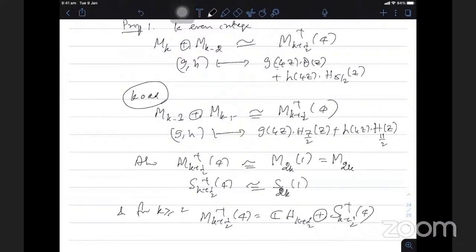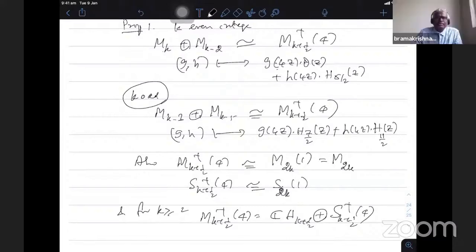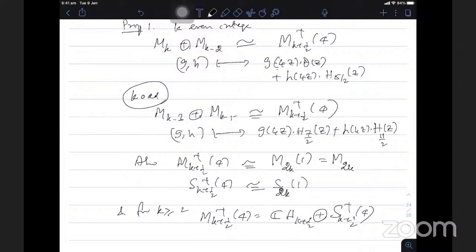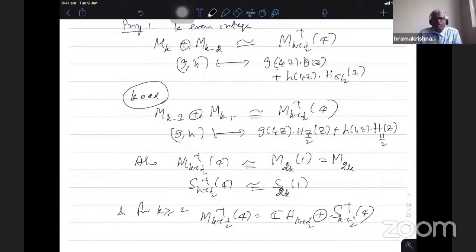Meaning, how can I consider M_k when k is odd? No, sir, I can choose a different k, right? You can give a different proof. What I'm saying is what Cohen did. If you are modifying this, you try your best. I do not know, since I didn't try this kind of thing. So your point is that the same thing can be adjusted for the k odd case. That's what you are saying.